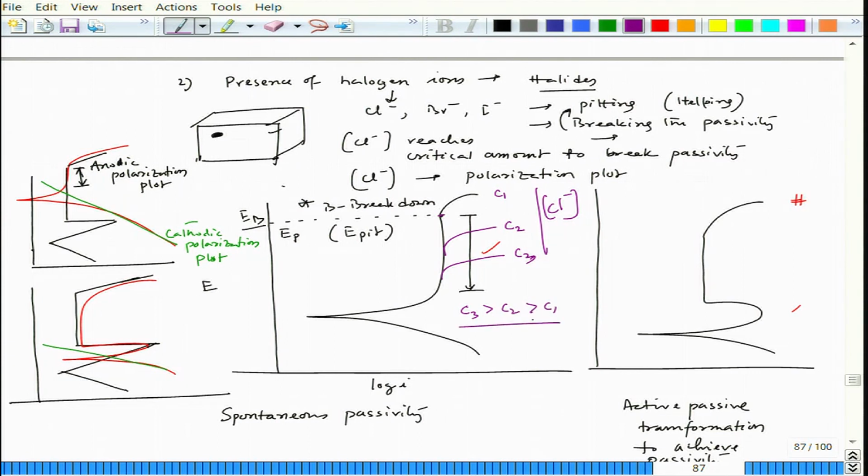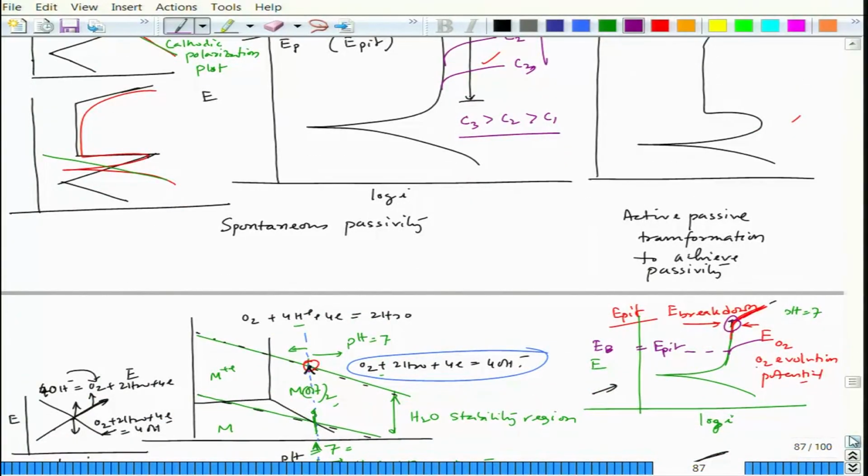So if we increase chloride ion concentration, the pit formation tendency also goes up for a particular passivating metal. That is why the presence of halogen ions is very dangerous to a passivating metal, because it breaks at some local point and starts creating all sorts of pit-related problems in the material.